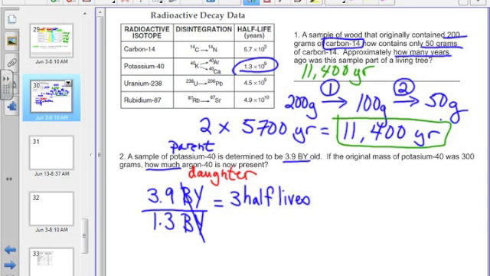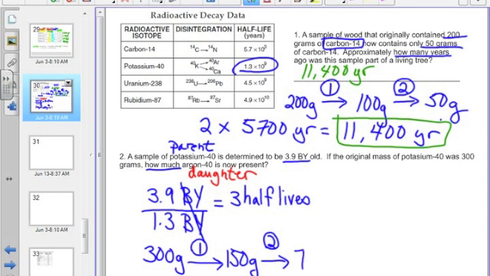So let's again count it out just like we did with sample question number 1. If we started with 300 grams of the potassium-40, in one half-life, that 300 changes to 150 grams. In 2 half-lives, that 150 changes to 75 grams. I'm still not where I need to be, right? I want 3 half-lives, so let me go one more.